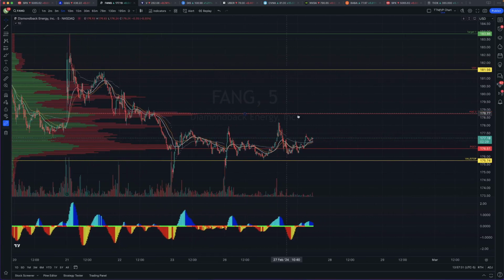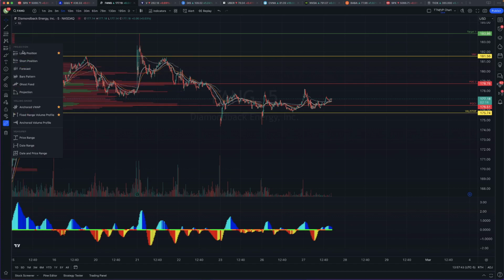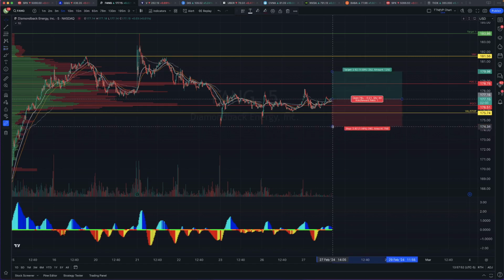Okay, so then to make a trade, I see that we're down here near POC 1, and I'd like to take a trade kind of off that POC 1 or my value area low, right? So I'm going to come in here to the long position risk reward, and I'm going to say if I took a position right now and I set my stop at a move below this value area low, right?